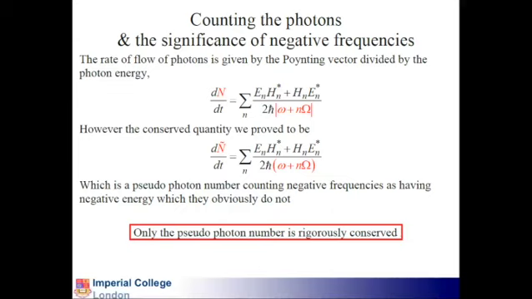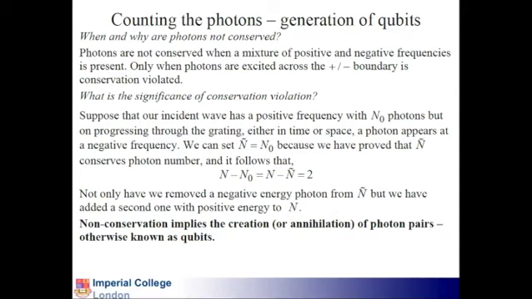You get a problem when you have some frequencies which are positive and some which are negative. And that's perfectly possible in this grating, because it's making transitions up and down the ladder and crossing that plus minus barrier. And this has quantum implications. So when there's a mixture of positive and negative frequencies, you do not have photon number conservation.